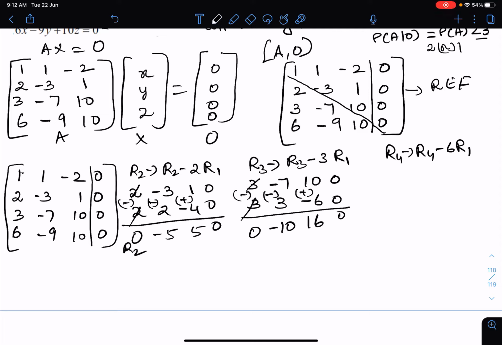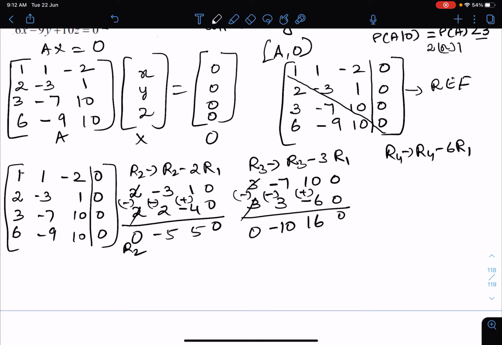Now coming to our R4. Minus 6, isn't it? We are multiplying by 3. 3 2s are 6. Now next coming to our R4.